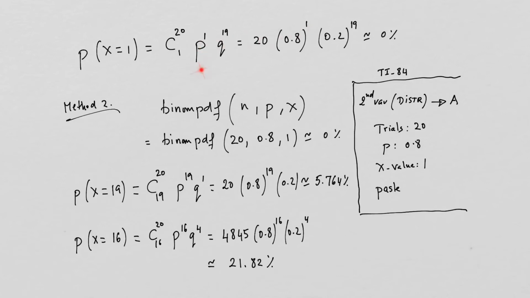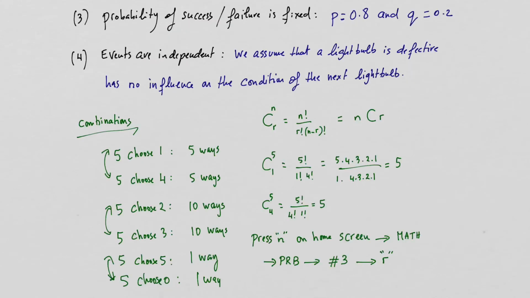You could have 1 failure, 1 success, and then 18 failures. You could have 3 failures, then a success, and then 16 failures. There are many ways that could happen. Choose 1 out of 20. In how many ways can I have 1 success and 19 failures? There are 20 ways.